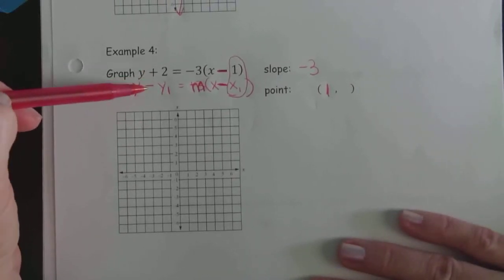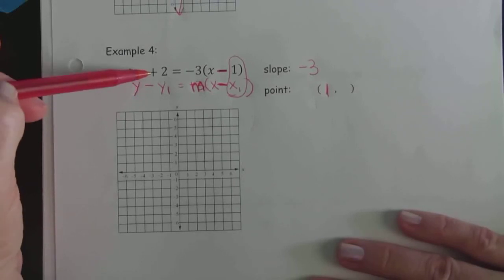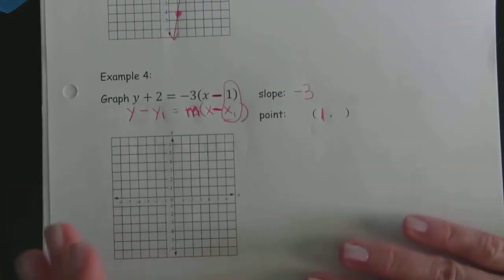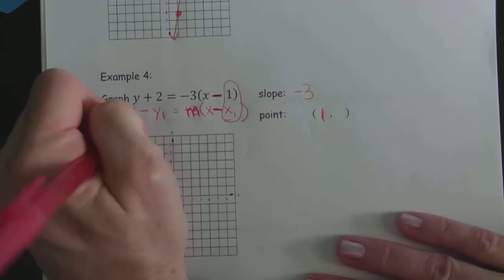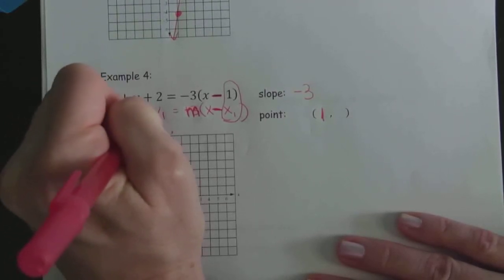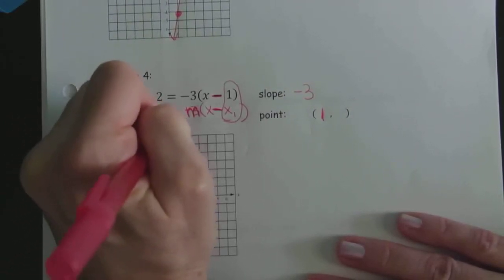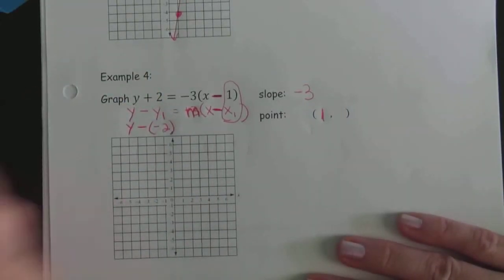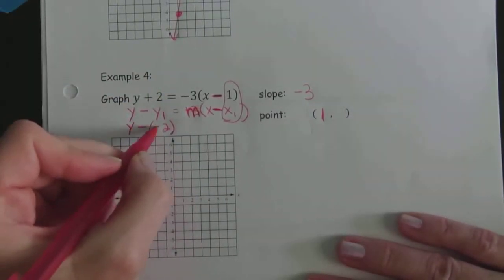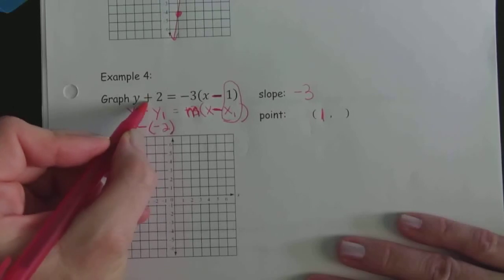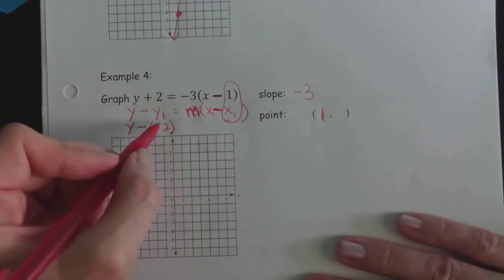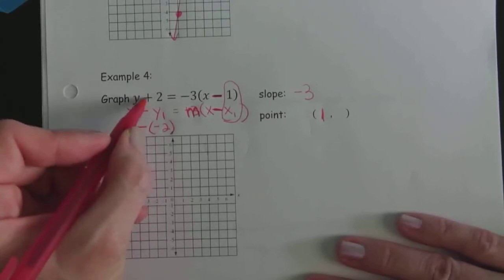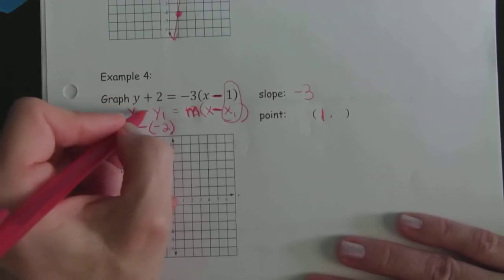So how can we change a plus to a minus? Well, hopefully you're thinking that we could write it like this: y minus negative 2. Double negative, right, will change right back to plus. So we've just changed the way it looks, not the value.